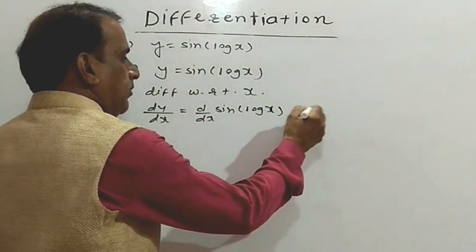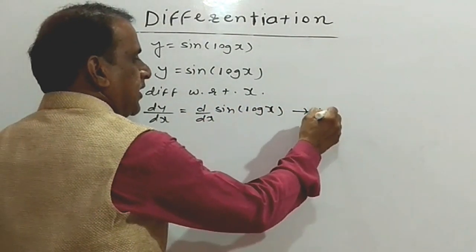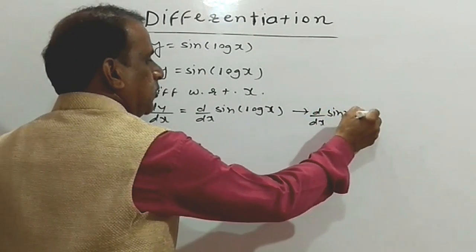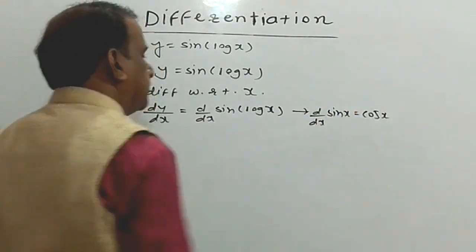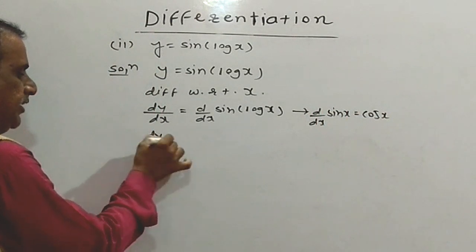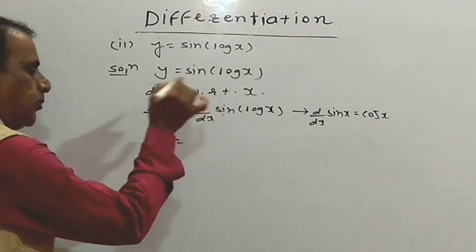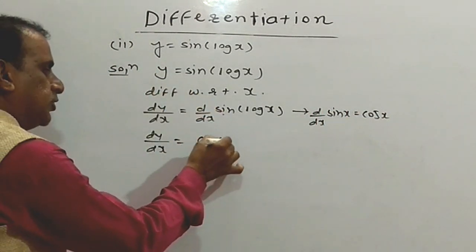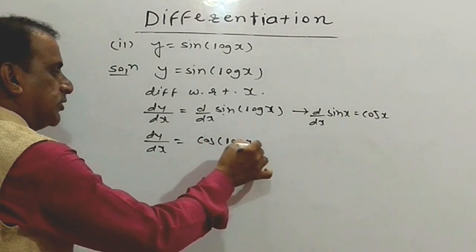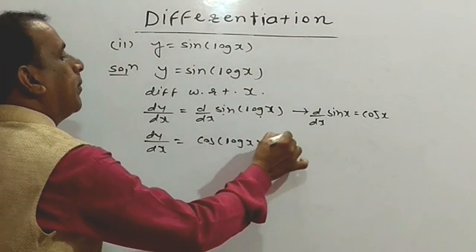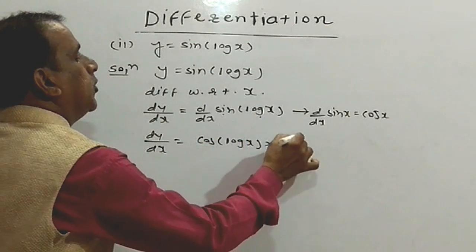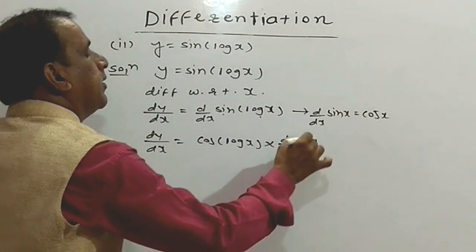Apply this formula: derivative of sine x is equal to cos x. Means dy divided by dx is equal to cos of bracket log of x into derivative of log of x.